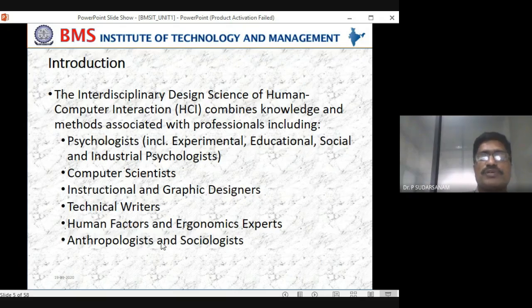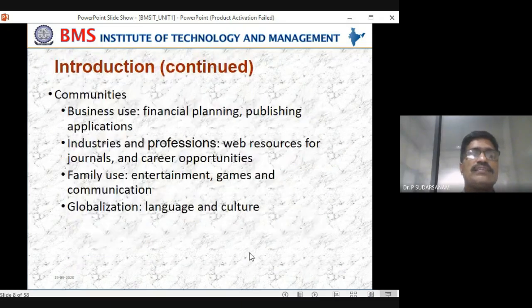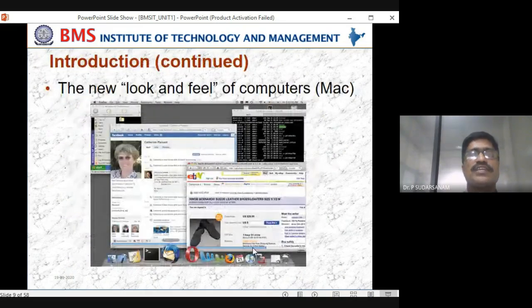That's human factors and usability experts, technical writers, instructional and graphic designers, computer scientists, anthropologists and sociologists. All these things we had discussed, and the main thing is how the interactions will be happening.